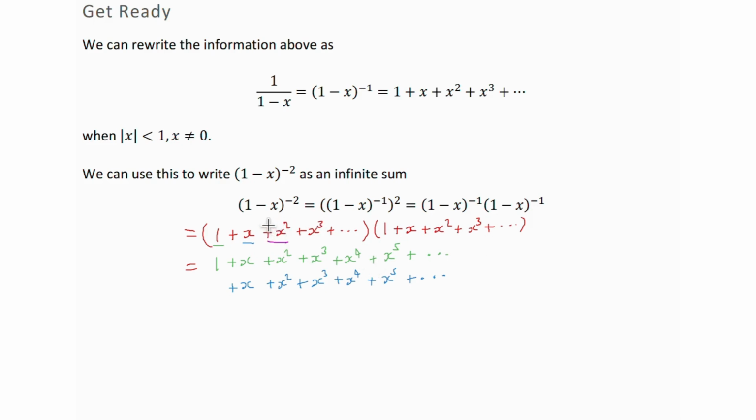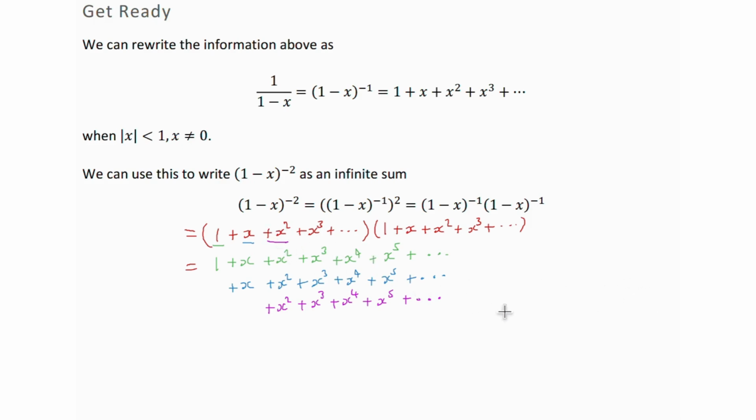When I multiply the x squared, I'm going to get x squared times 1, which gives me plus x squared. x squared times x is going to give me x cubed. x squared times x squared is going to give me x to the 4. And x squared times x cubed is going to give me x to the 5, forever and ever.